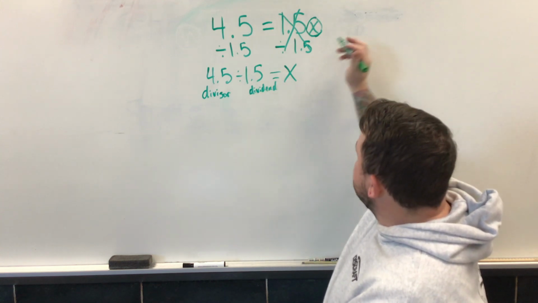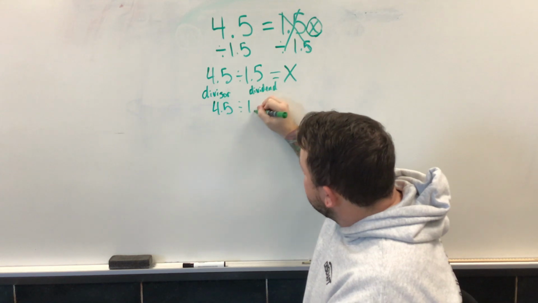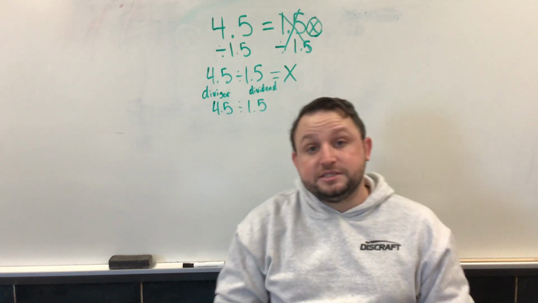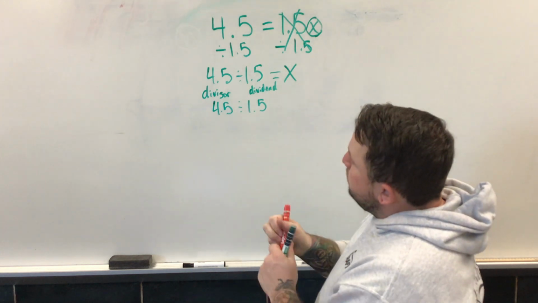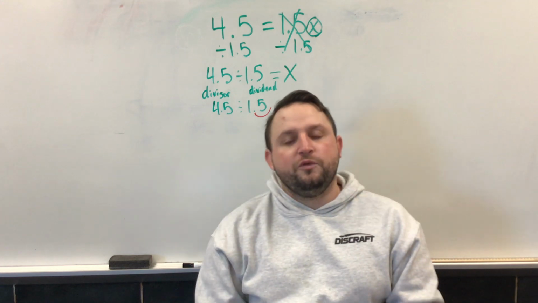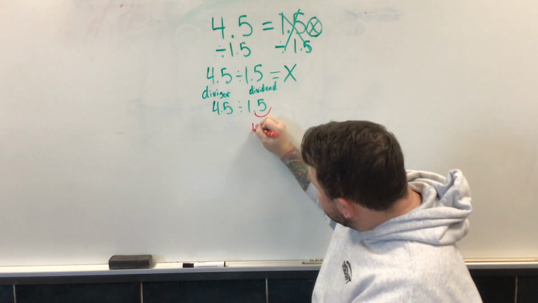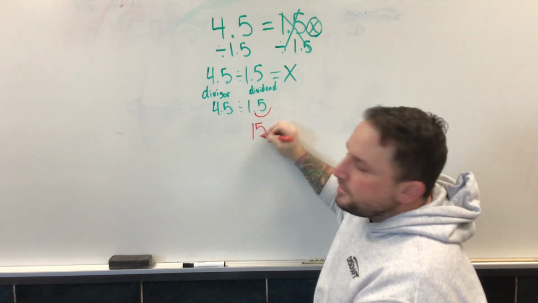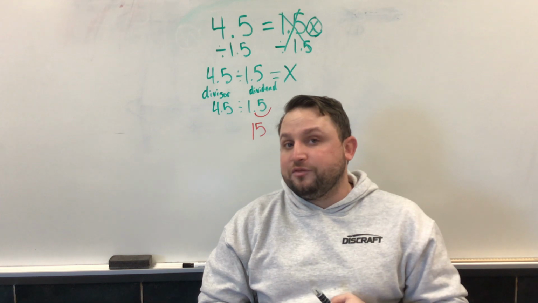Divisor, dividend, okay? 4.5 divided by 1.5. I'm going to switch colors so that this is easier to see. With your dividend, you have to move that decimal point over one place value, okay? Doing so, that makes this number 15.